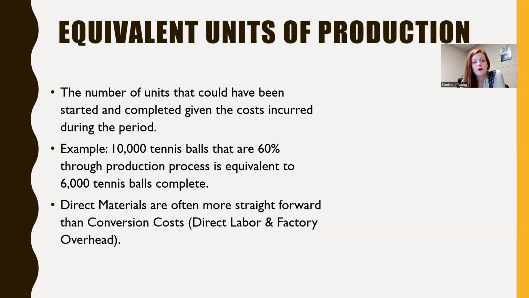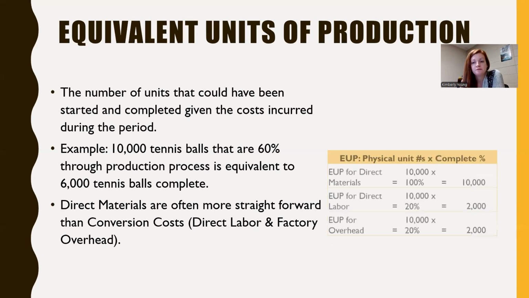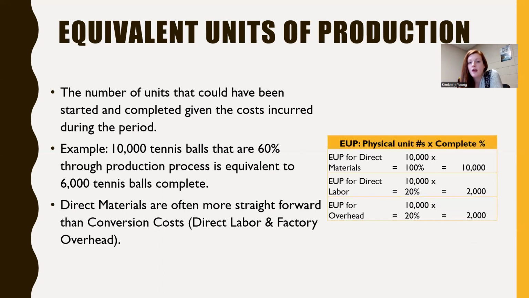So with direct materials, very straightforward. We know exactly how much rubber, we know exactly how much felt had to go into that. It's the direct labor and the factory overhead that can be trickier when it comes to equivalent units of production. So here's an example. For direct materials, we've already taken all the materials out of raw materials and put it here.